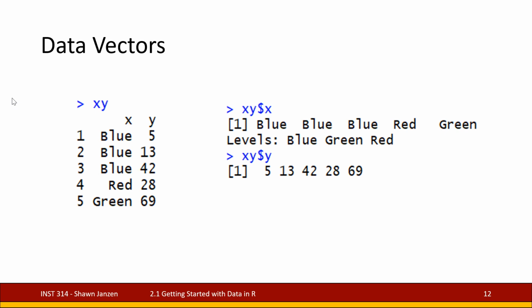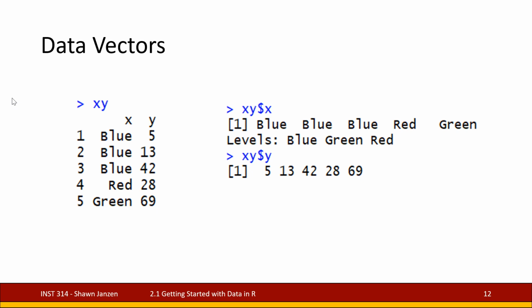Another way we can do it is by referencing vectors, and this is far easier if you don't have to be as precise with what it is you're referring to. The way we differentiate a data vector, or treat it like a variable, is with a $ sign. I say, look at data frame xy, the $ sign says, now look inside data frame xy and show me, in the first case, x.